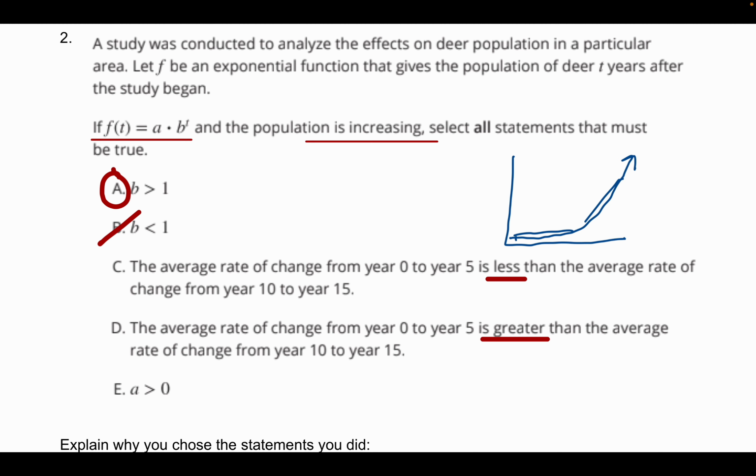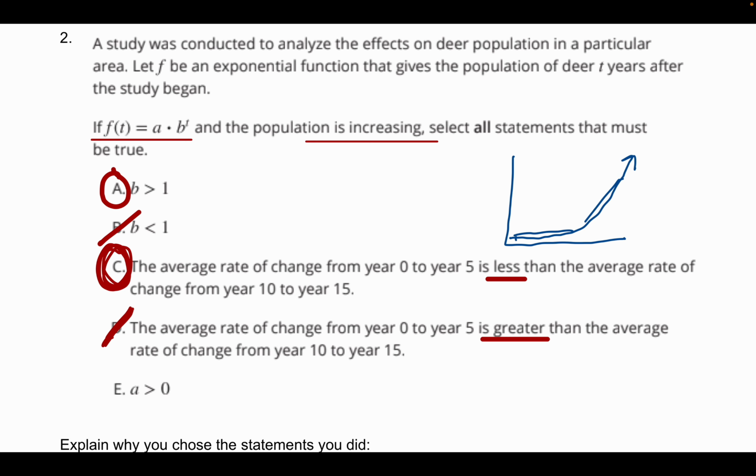So the answer we're going to choose here is C, because from 0 to 5, that area would be less than it is from 10 to 15. So it would follow this pattern, and we would choose C. That means D is not going to be true because they can't both be true at the same time.